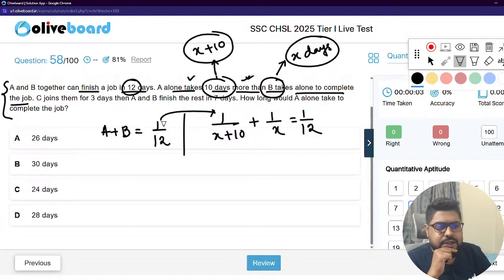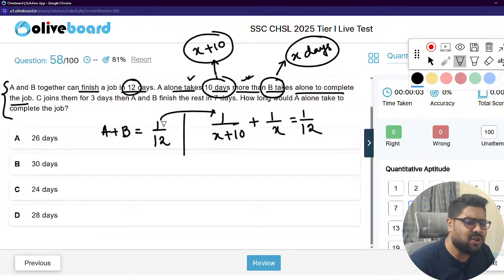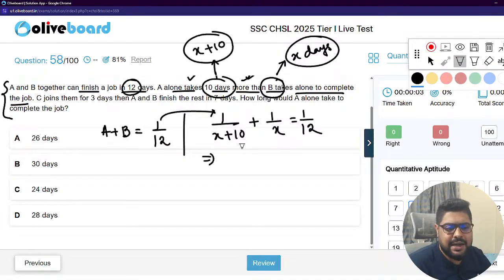One second, C joins them. I do not think so. I don't think there will be a huge difference. Normally do it, sir. As we have started, let's do it.